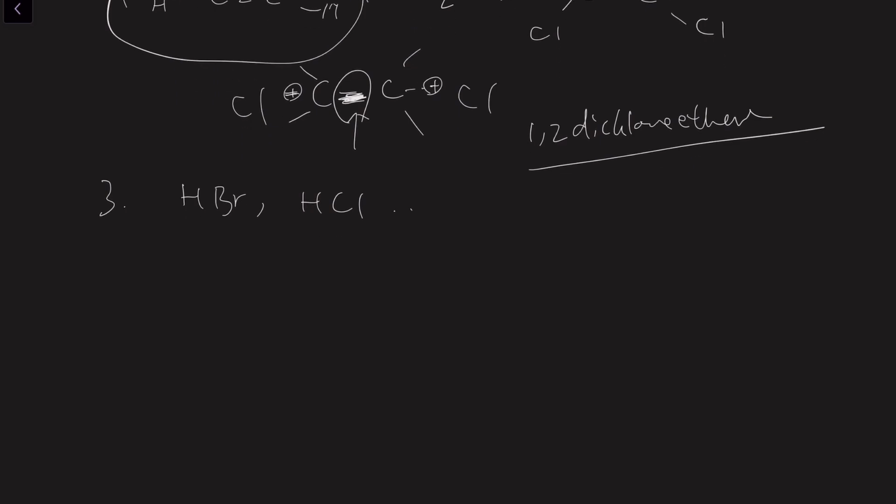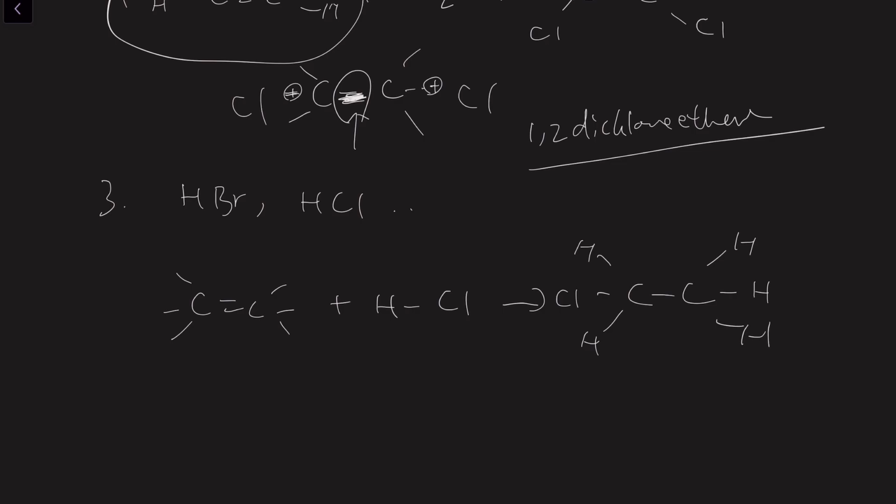So this also does not require a catalyst. What happens is you break the double bond, and then the H and Cl will be added on the opposite side. So you get chloroethane. So this is the key advantage of addition reaction.